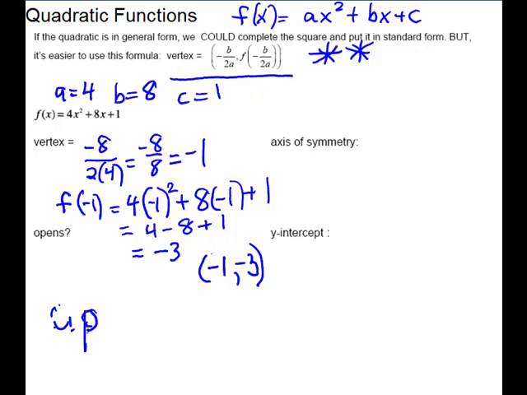Our axis of symmetry will be x equals -1. And our y-intercept, you plug 0 into x, and that's easy to do here.